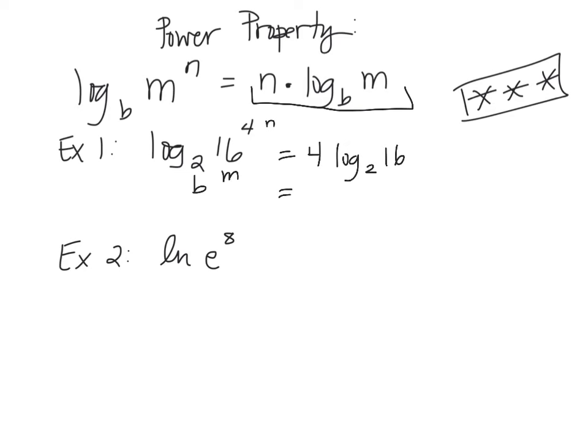So now we have 4 times log base 2 of 16, which is asking 2 to what power equals 16? 2 to the 4th power equals 16. So this is just 4 times 4, right?